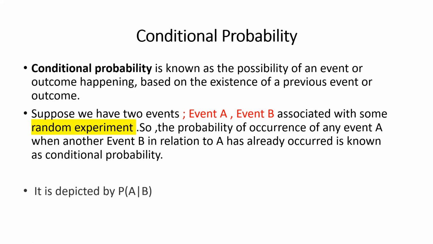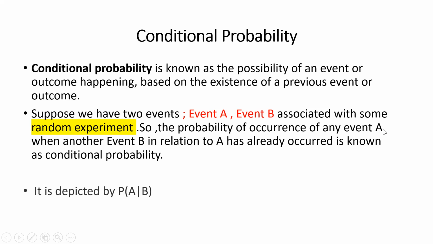This is one experiment, and there can be two events, event A and event B. So the probability of occurrence of any event A when another event B in relation to A has already occurred is known as conditional probability.